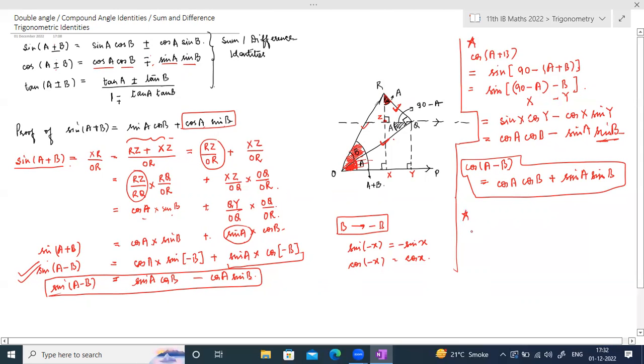Right. Now, how do we prove tan A plus B? Tan A plus B can be written as sin A plus B upon cos A plus B. And what is sin A plus B?